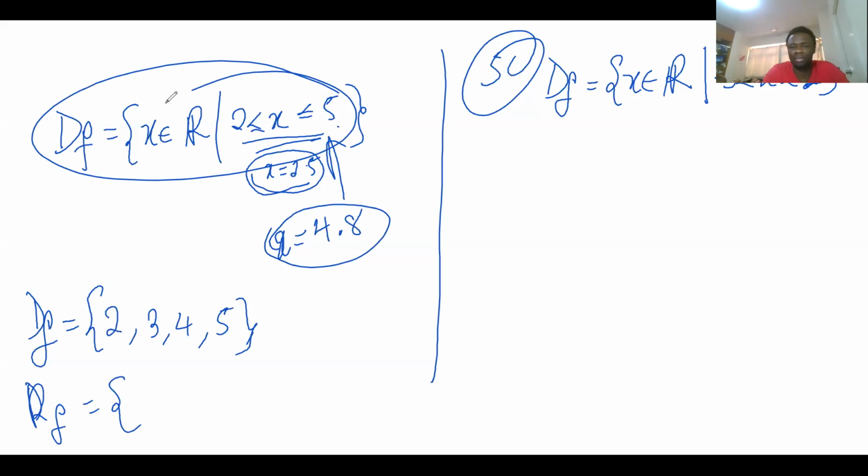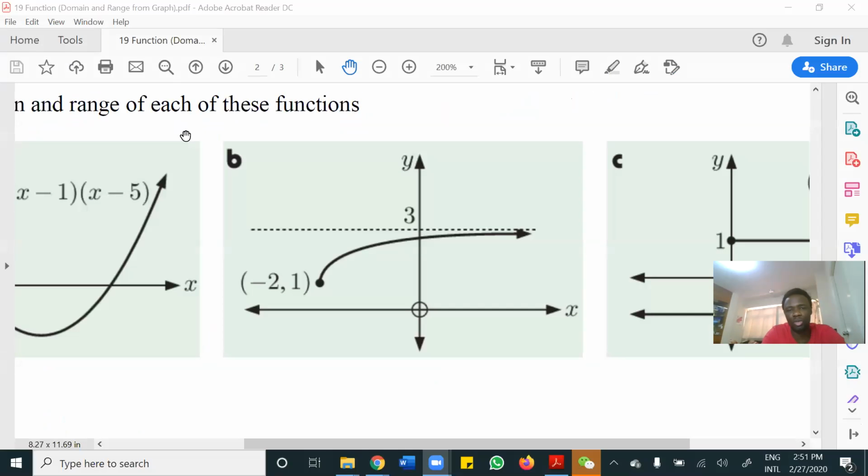Lillian, you're next. State your question. Tell us the answer. I'm doing 6B. This one.